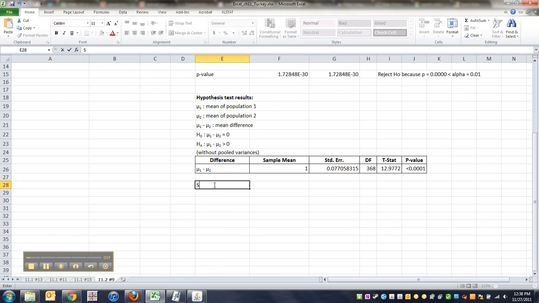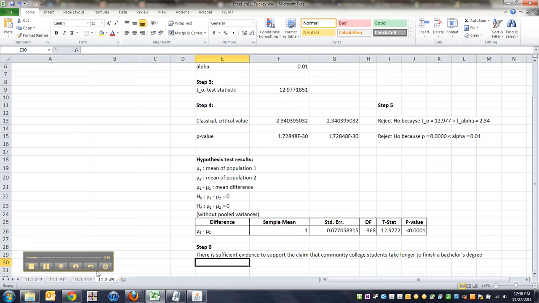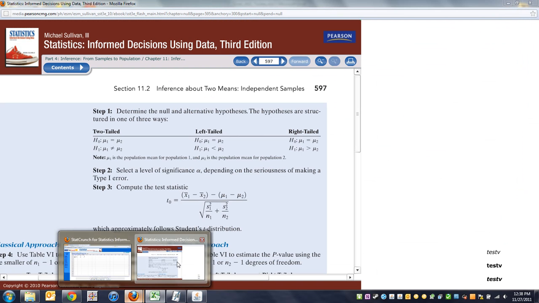And then for step 6, if you were going to write it up, you'd say there is sufficient evidence to support the claim that community college students take longer to finish a bachelor's degree. There we go. Okay, so that was all part A, believe it or not.